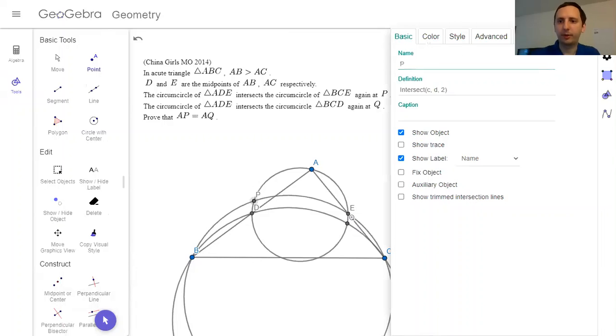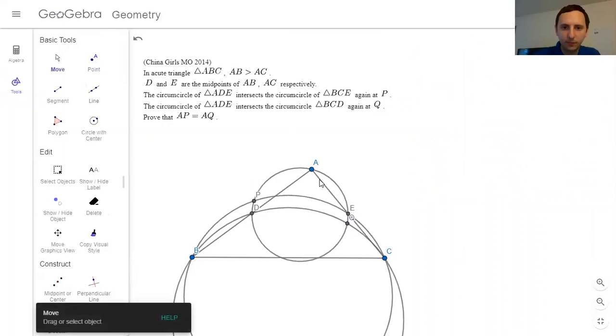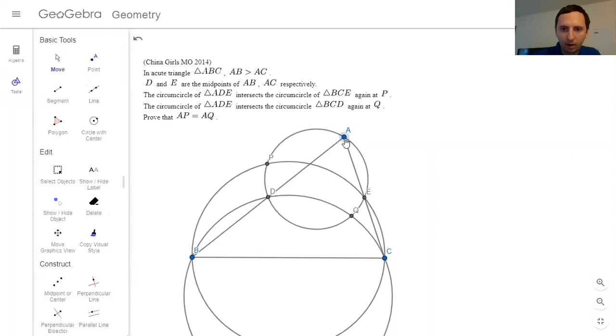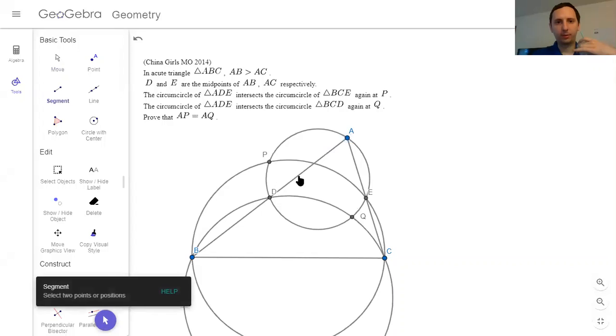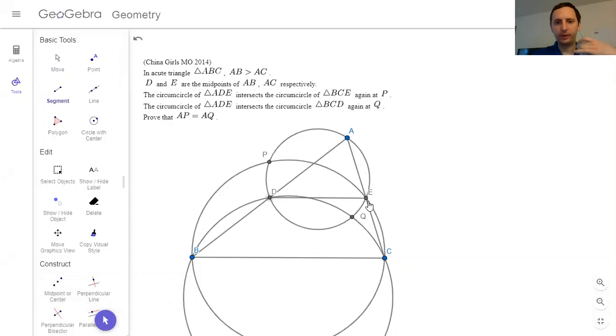I'm going to make the diagram look a little bit better. Maybe something like that. That looks better. All right. So D and E are the midpoints, so DE is parallel to BC. I wonder if the problem is true for any D and E parallel to BC, but it asks about the midpoints.